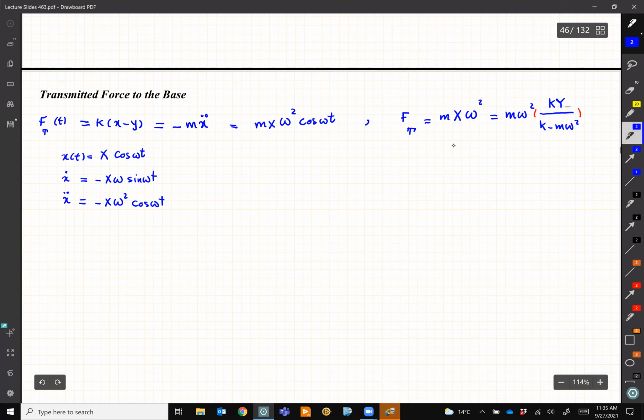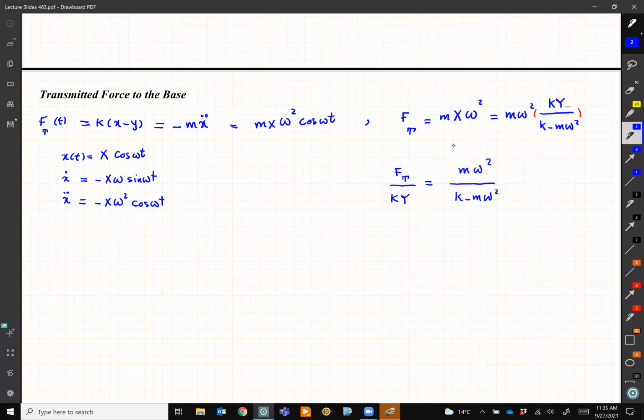Now let's do some manipulation here. If I write down Ft over Ky, then I would end up with m omega squared over k minus m omega squared. Why do I have an extra m here?